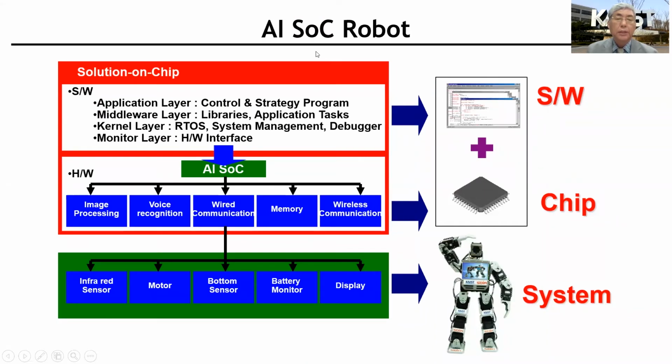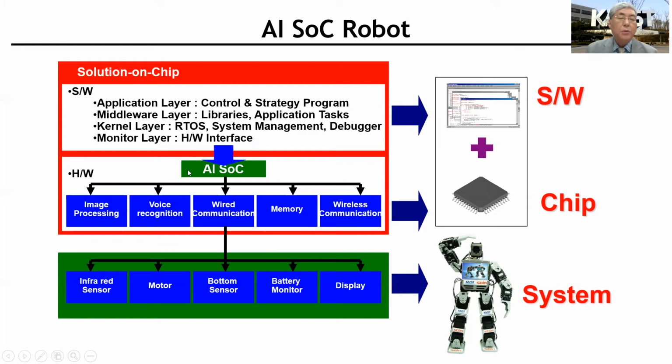So, more detail of the AI SoC robot. The SoC is the combination of the software and chip, and the software is the combination of many hierarchies: application layer, middleware, kernel, and monitor layer. The application layer is composed of control and strategy programs, middleware is libraries and application tasks, and kernels are operating system and system management.